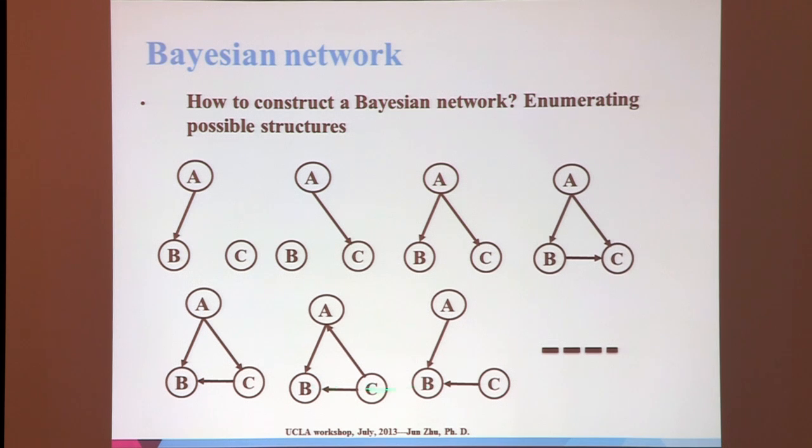If you can enumerate all these structures, then it's relatively easy. Whatever the function you know, it really ends up as model selection. You have the data, you see which model fits the data best, and then you select that model.